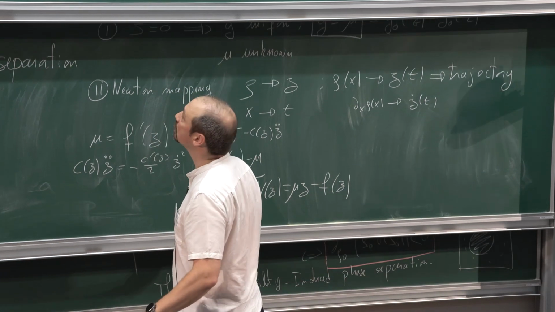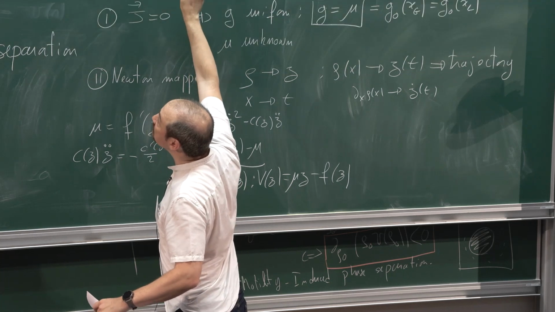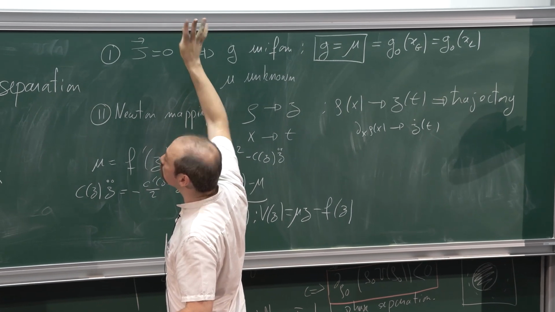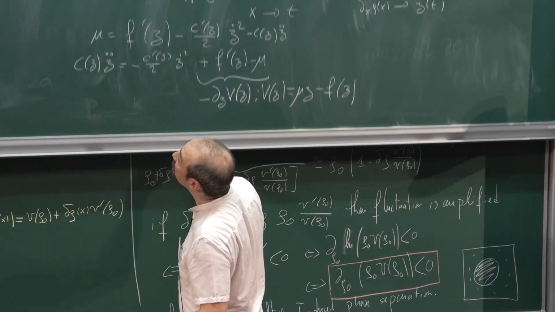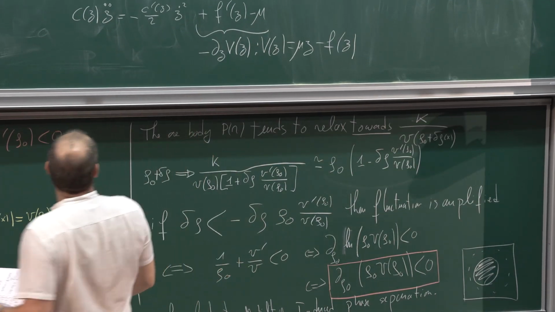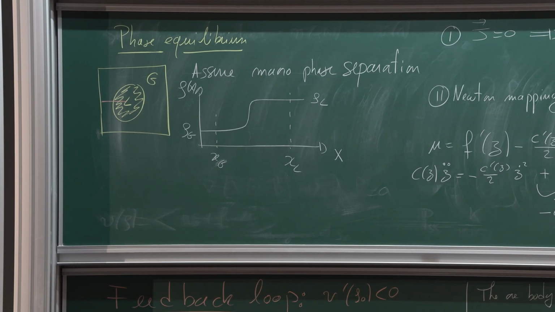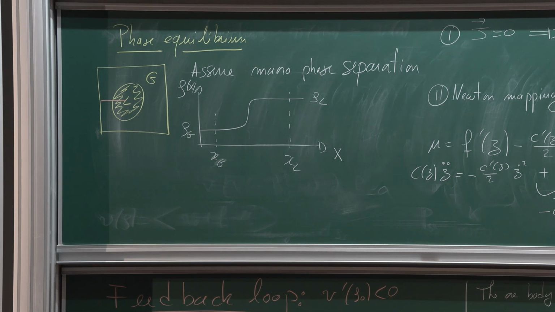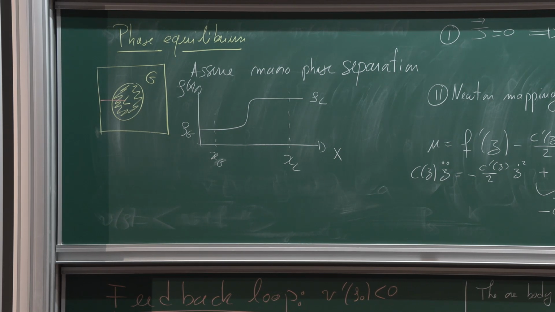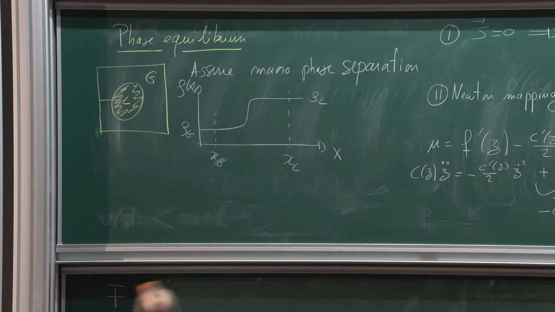Okay, so I'm trying to look for a trajectory that goes from one end to the other. I already have one condition, and I can look at what this condition means for my dynamical system. I see that I have mu that must be equal in both phases.